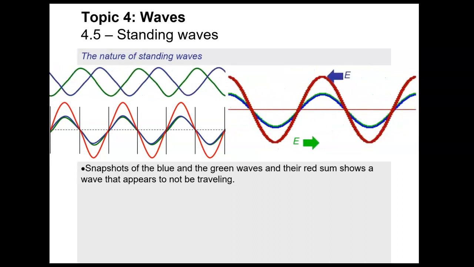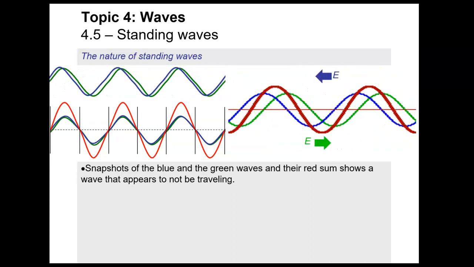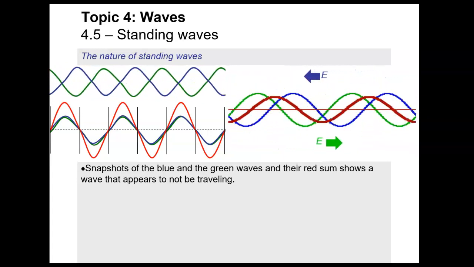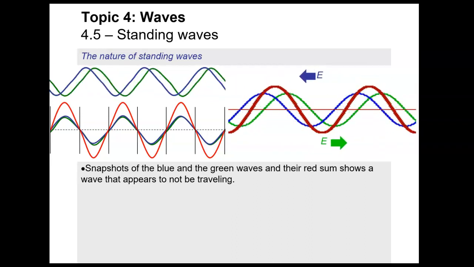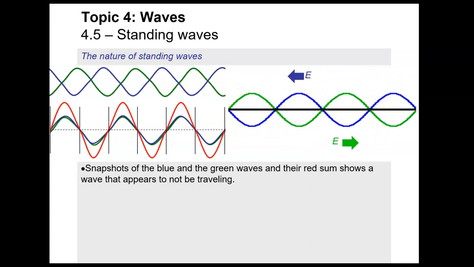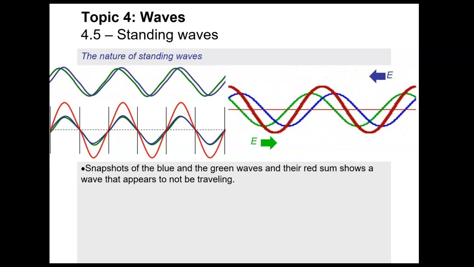Okay, and so the red wave that's flipping back and forth in the right animation, that is the superposition of the blue wave and the green wave. And so you can see if the two waves going towards each other happen to be going at just the right speed and just the right frequency, then you can get the standing wave effect.